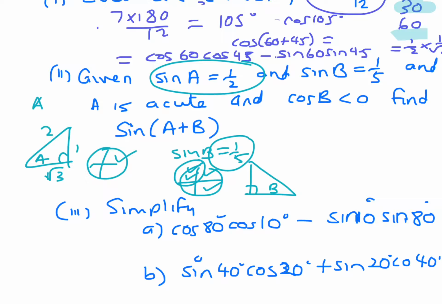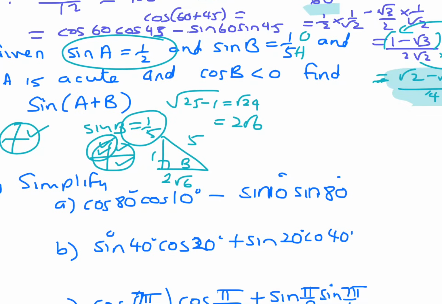And if that's B, sine is opposite on hypotenuse, so that's 1 on 5. So it'll be 25 minus 1, which is root 24, which is 2 root 6 when you simplify it as a surd.